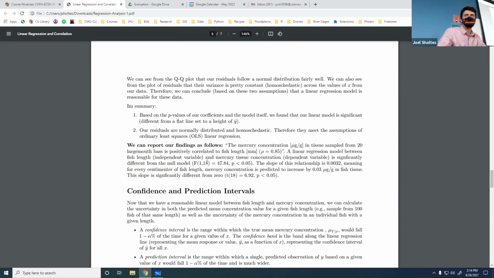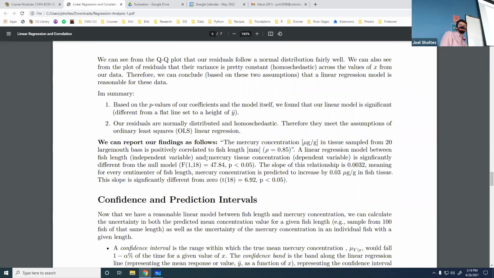We can report our findings. So in this case, we're saying the mercury concentration in tissues sampled from 20 largemouth bass is positively correlated to fish length. And I show my correlation coefficient. I denote it as rho. A linear regression model between fish length as an independent variable and mercury tissue as the dependent variable is significantly different from the null model, which is that averages are the only relationship there.